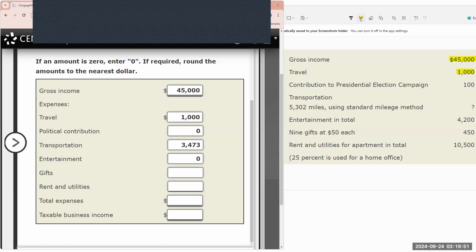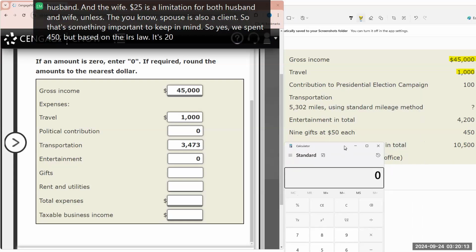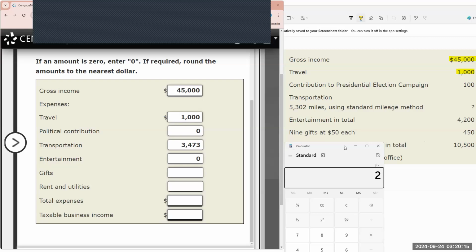And in the event that, let's say, a gift is given to both a husband and the wife, $25 is the limitation for both husband and wife, unless the spouse is also a client. So that's something important to keep in mind. So yes, we spent $450, but based on the IRS law, it's $25 per person. So 9 times 25.